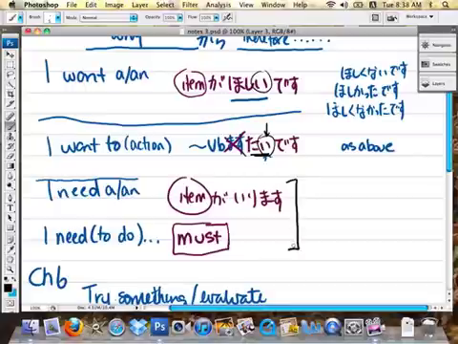And I need an item is irimasu. And it only works for things. Now in English we also say I need to do something, but that's must, which we already know. So if you need to do your homework, then that's shukudai o shinakereba narimasen or shinakute wa dame desu. That's what it is. So it's just a case of semantics.